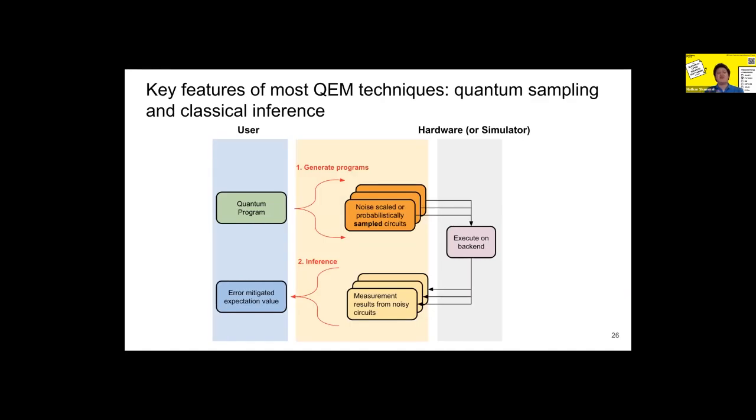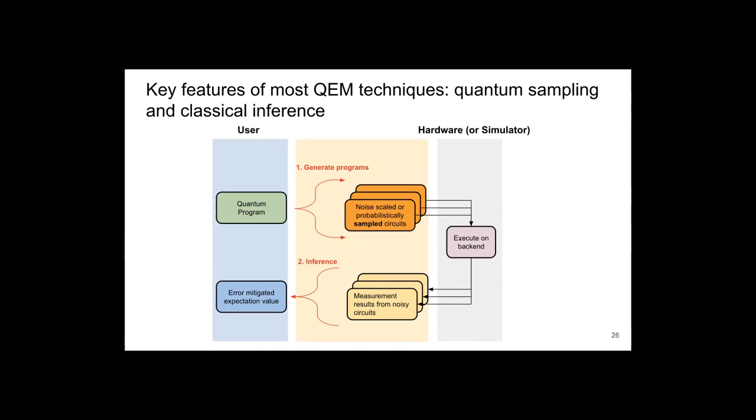So they apply to things such as variational quantum algorithms that are based on estimating expectation values. So in quantum error mitigation, you see the workflow changes a bit. We generate multiple programs, which is a way to sample the variation, the landscape of noise of a quantum computer.